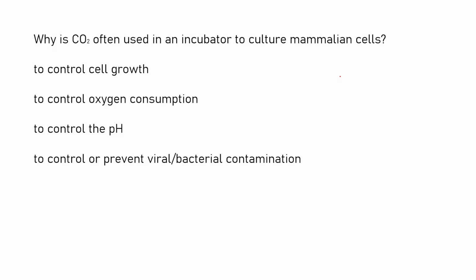Now the next question is, why is CO2 often used in an incubator to culture mammalian cells? So again there are four options: to control cell growth, to control oxygen consumption, to control the pH, or to control or prevent viral or bacterial contamination. So here CO2 is used in order to control pH.